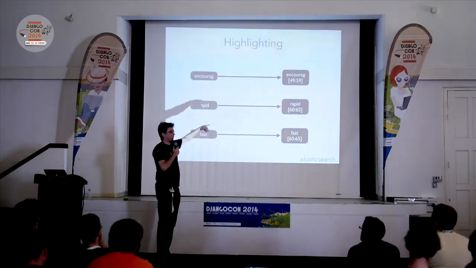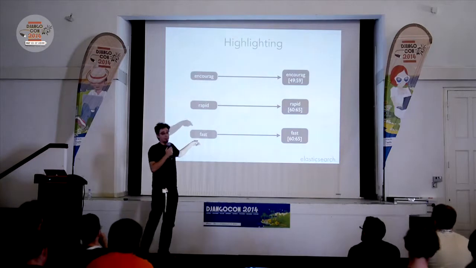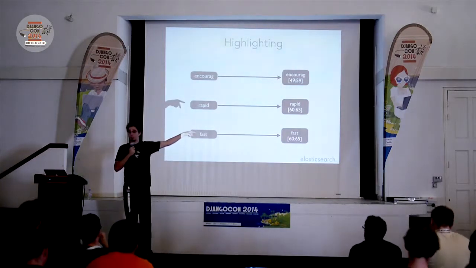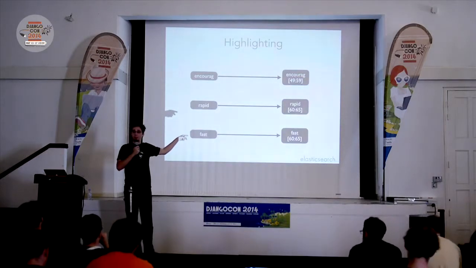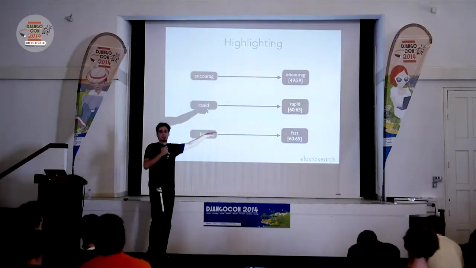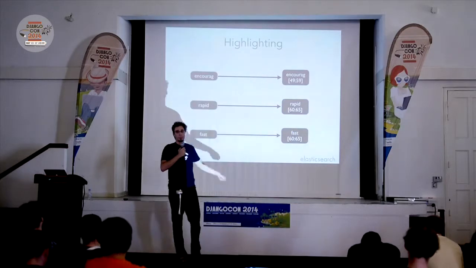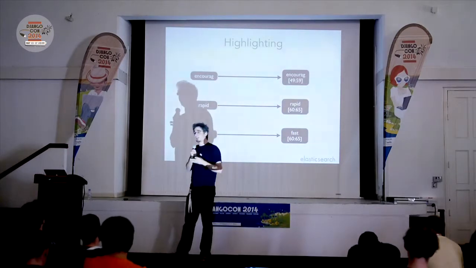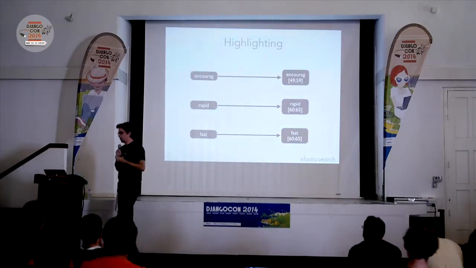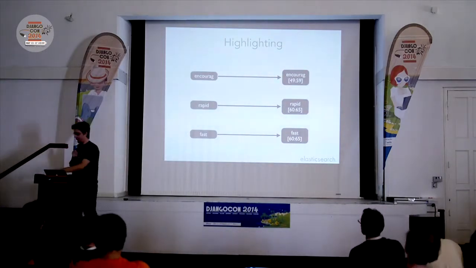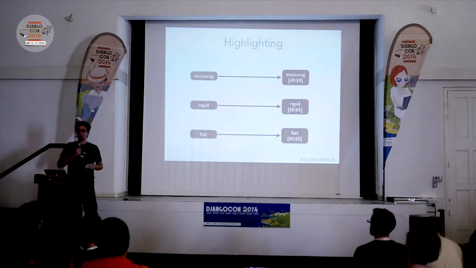And rapid is without change, but we also see that fast has actually the same coordinates as rapid. So when we match on the fast term, it will highlight the rapid word. So again, just by adding some critical information to the inverted index, we enable additional functionality. In this case, we can highlight even things that aren't there.